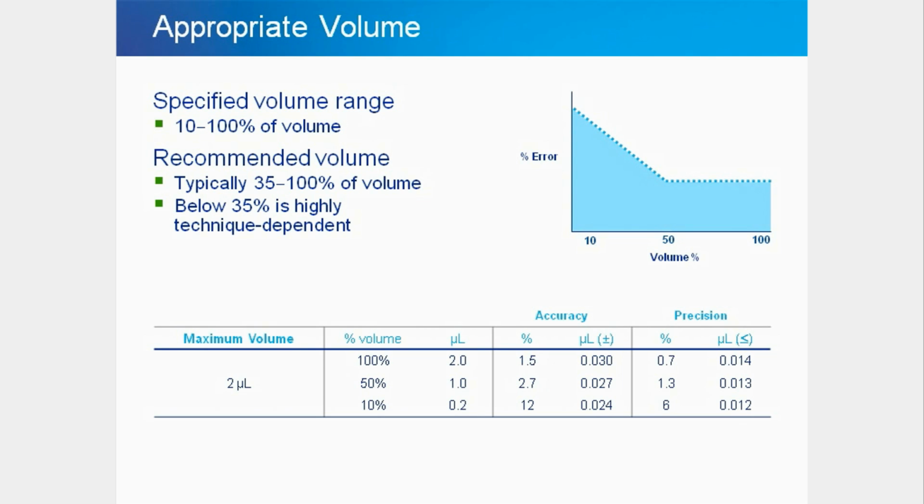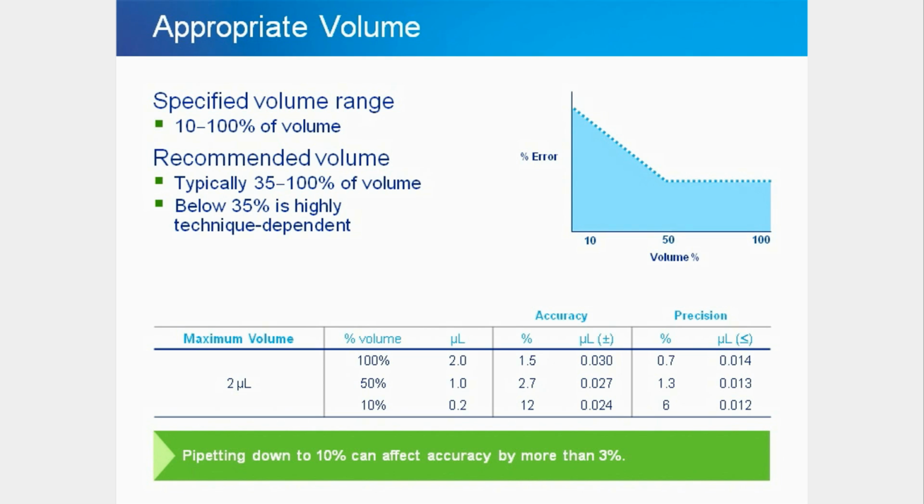So, a consequence of this is that it is better to avoid pipetting at 10% volume when you can. For example, if you need to pipette 2 microliter, it is better to use a 2 microliter or 10 microliter pipette than a 20 microliter pipette.